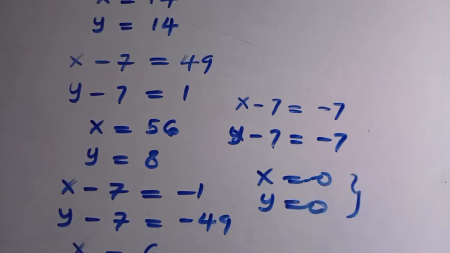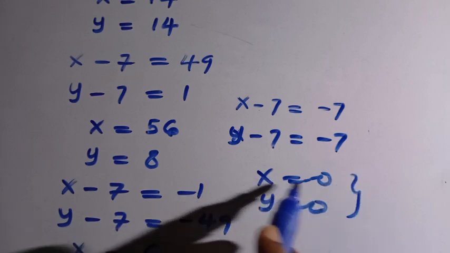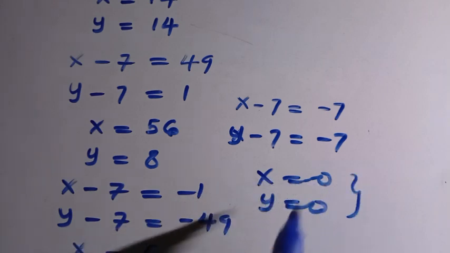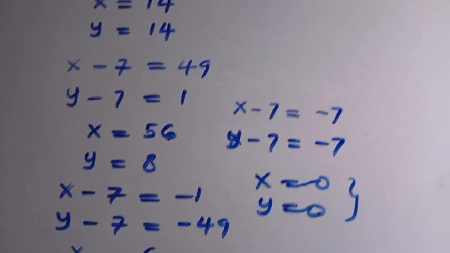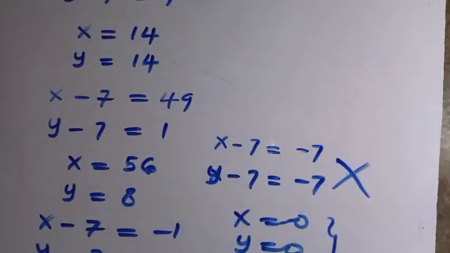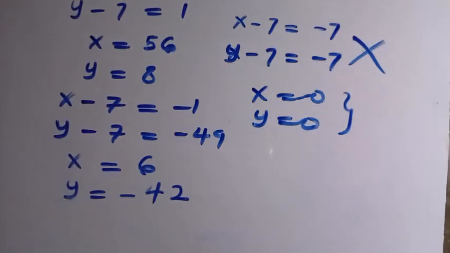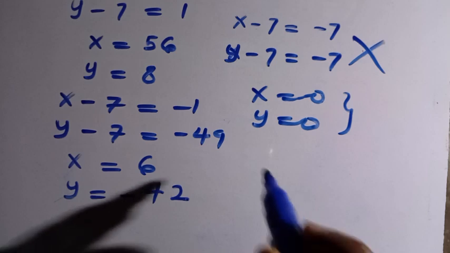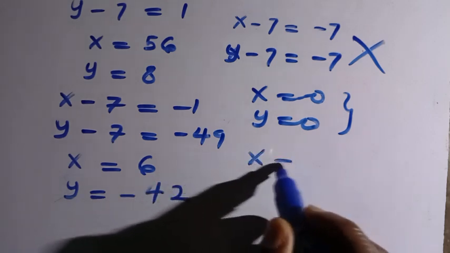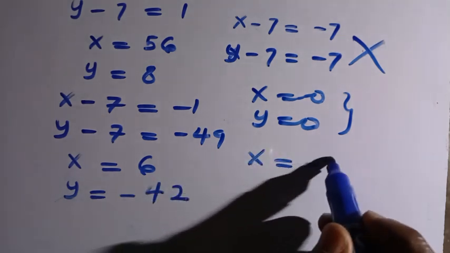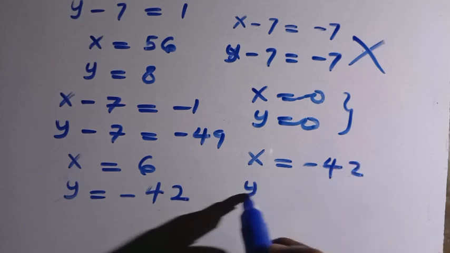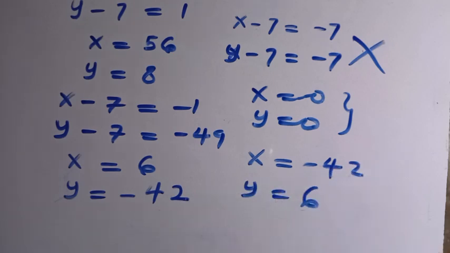This is not valid, because if the value of x is 0, it means undefined. So we have to cancel this out; it's not part of the solution. For the last one, we get x equals minus 42 and y equals 6. So this is how to solve this problem.